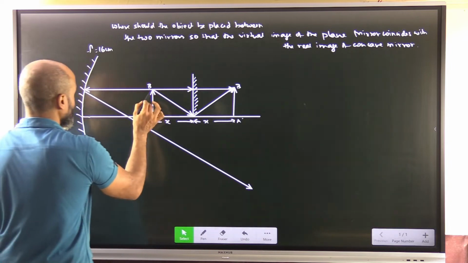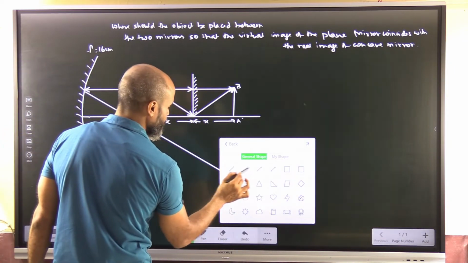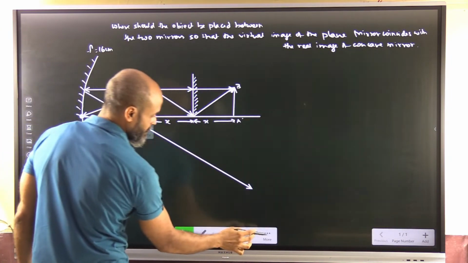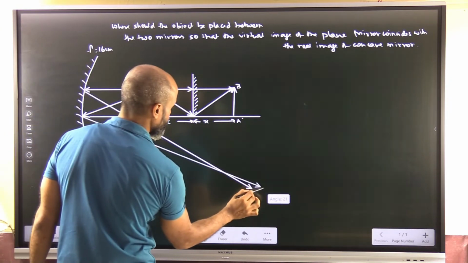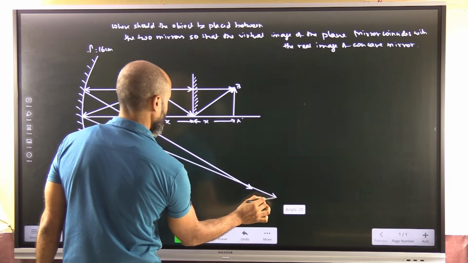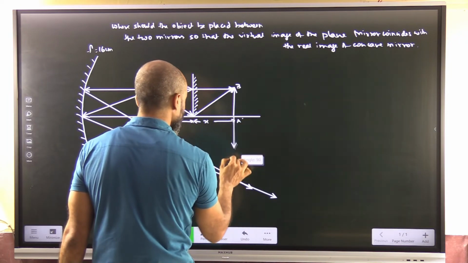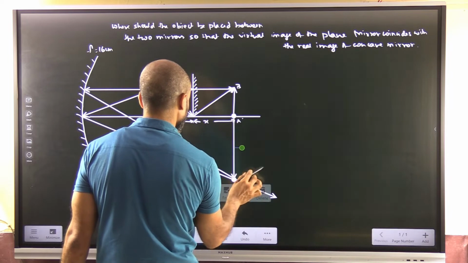and a ray of light which is incident at the optical center, after reflection, will pass through somewhere here. So let's say if we were to form the image exactly here, which means that this would be the image formed by the concave mirror.